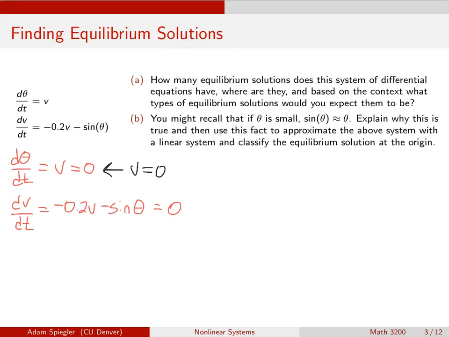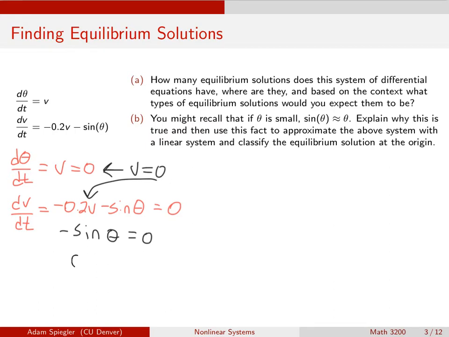So one thing right away is we need the velocity to be 0 in order to guarantee that the pendulum is not going to move. That hopefully makes some intuitive sense. And so now if we plug that condition into the second equation, it becomes minus the sine of theta is equal to 0. And so when is the sine of theta equal to 0?